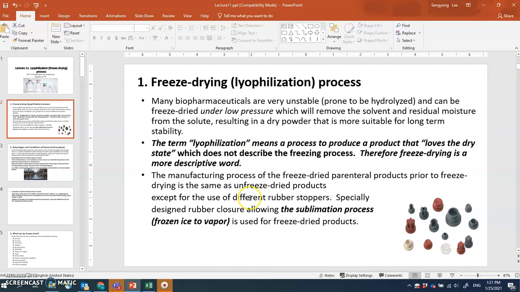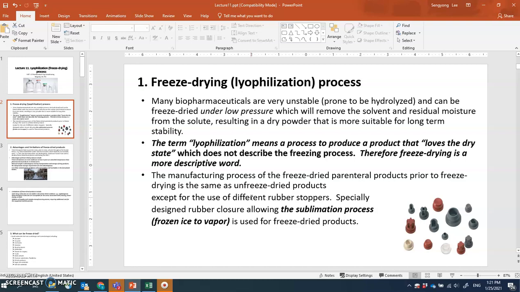So what does freeze drying mean? You are removing the water molecules selectively from your drug. How do you remove those? If you freeze your drug, water will become crystallized, right? Water becomes ice, and ice doesn't come out of your drug easily.